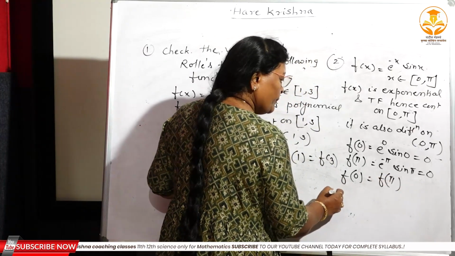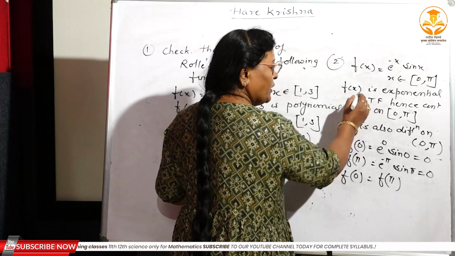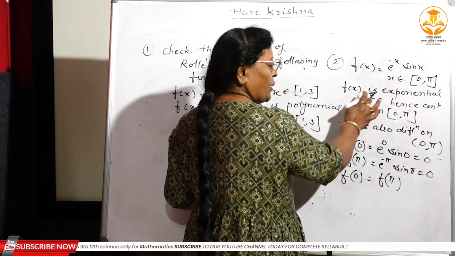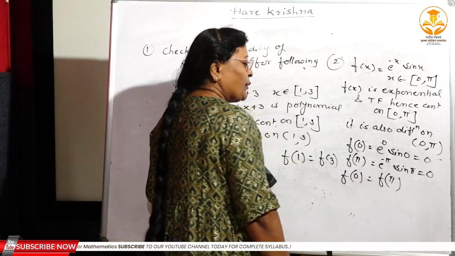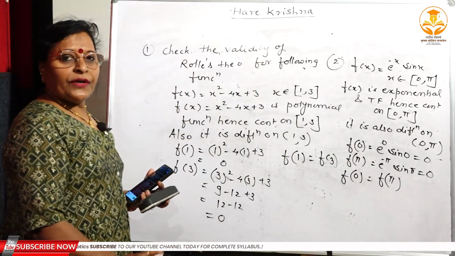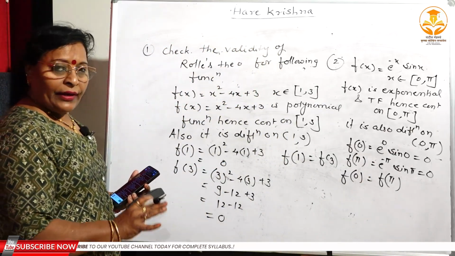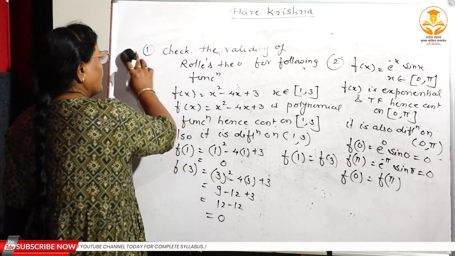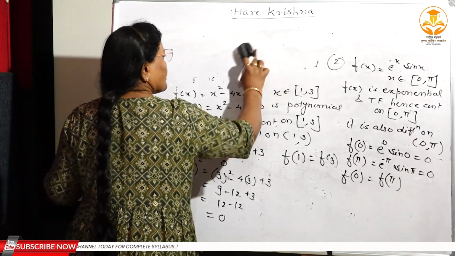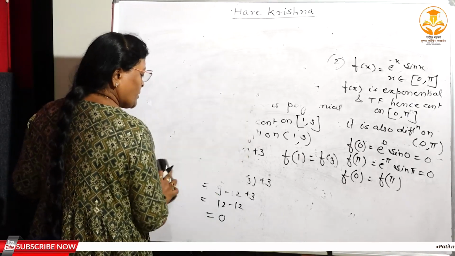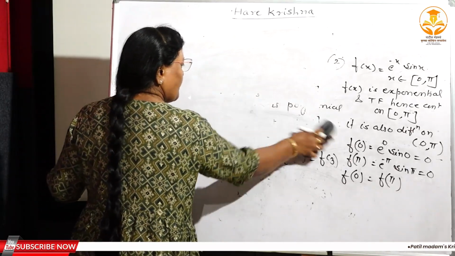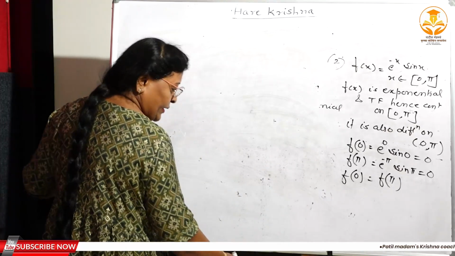The conditions of Rolle's theorem are that it should be continuous, it should be differentiable, and f of 0 is equal to f of pi. Therefore, the validity of Rolle's theorem gets satisfied for this function. Very simple questions are there, that is the validity.